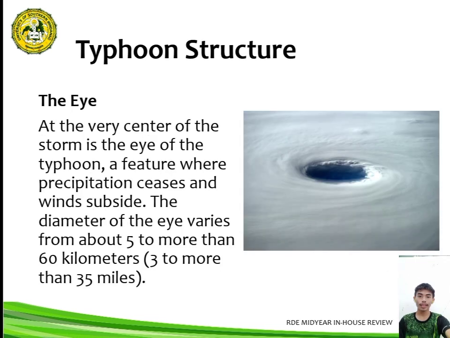So at the very center of the storm is the eye of the typhoon, a feature where precipitation ceases and winds subside. The diameter of the eye varies from about 5 to more than 60 km, or 3 to more than 30 miles. In most typhoons, the eye is smaller at the Earth's surface and widens upward.